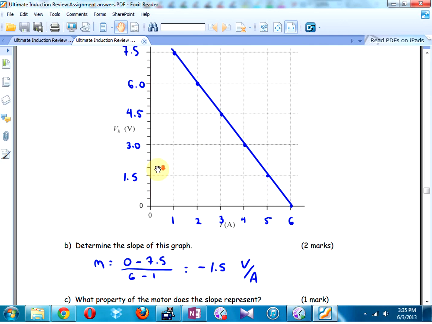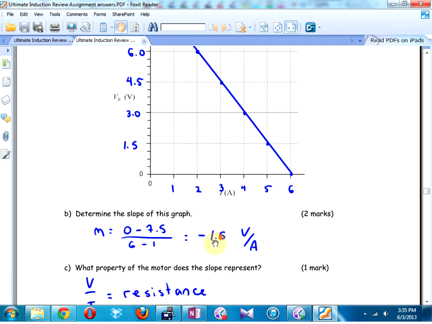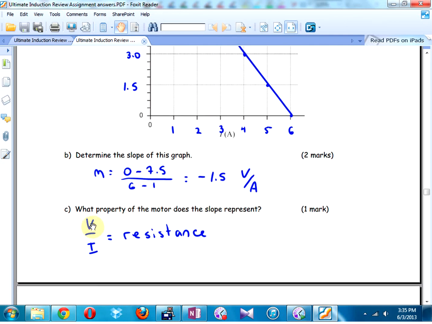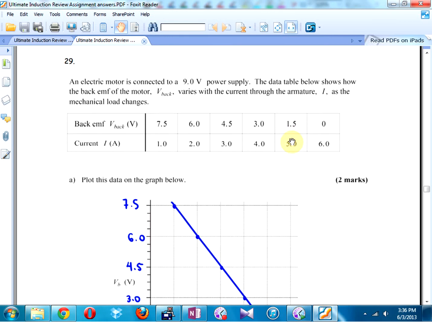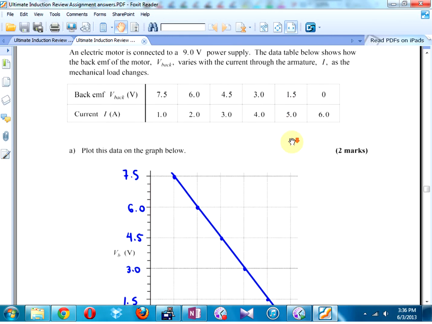Oh, yeah. So negative. The reason I said it's resistance, I said, it's voltage over current, it's resistance. What's the negative? I think you're getting an absolute value here because the voltage direction can be negative or positive. So I didn't freak out about the fact that we had a negative resistance. The resistance of what? I think it's the resistance of the armature of the motor. Okay. You had a question? No, you're good? Does it matter if you put volts over amp or ohms for that one?